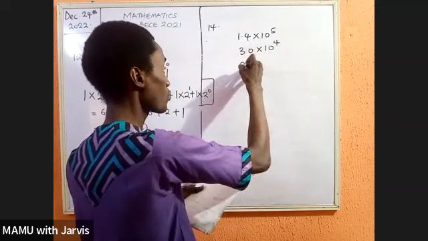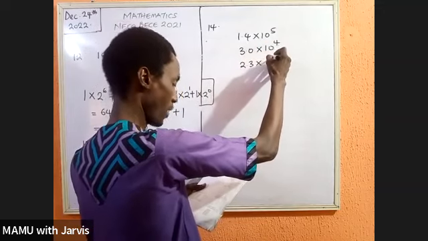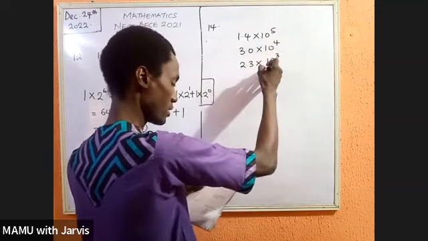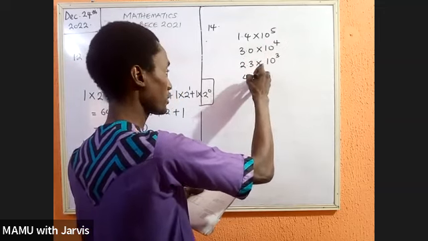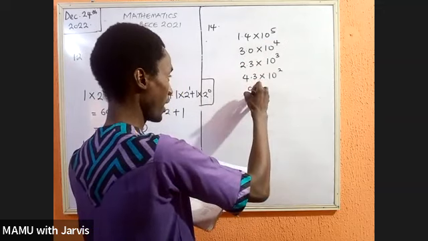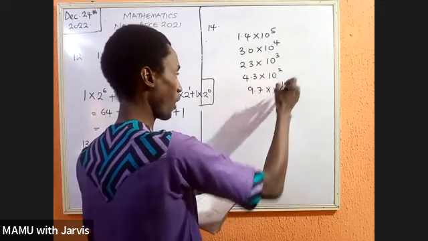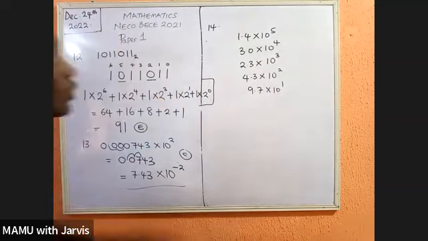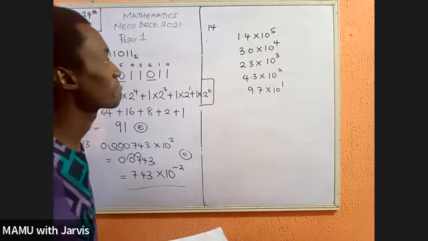I have 2.3 times 10 raised to the power of 3. I have 4.3 times 10 raised to the power of 2. I have 9.7 times 10 raised to the power of 1. Now, which of these numbers now, he said, is the greatest?